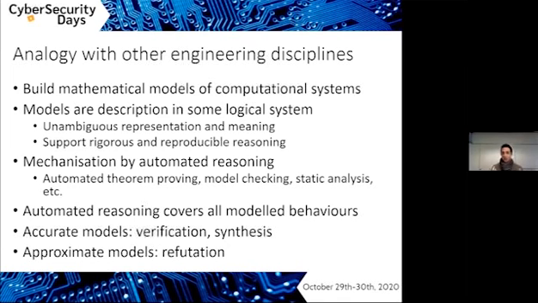As I said, in order to have accurate models, we usually end up needing to pay a high cost. By high cost, I mean a mix of cost in terms of computation in order to do this verification, synthesis and certification, but also cost in terms of the realization and maintenance of the model. This is why in many situations it is reasonable to use approximate models. As in engineering, we allow for error bars, we allow for some confidence ranges.